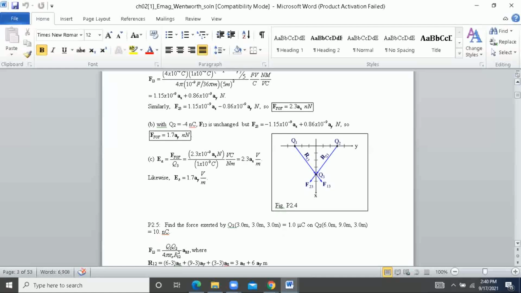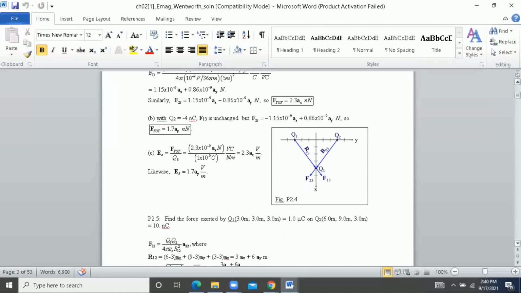To get the unit vector, I divided that by the square root of 3 squared plus 6 squared, from the position vector.